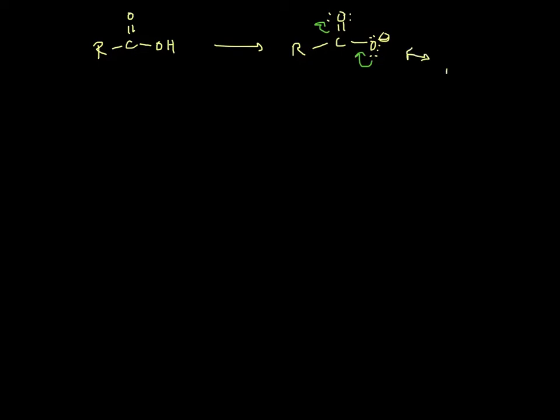Therefore we end up with something that is the most acidic of really all of our standard functional groups. And that's why the name of it is a carboxylic acid.